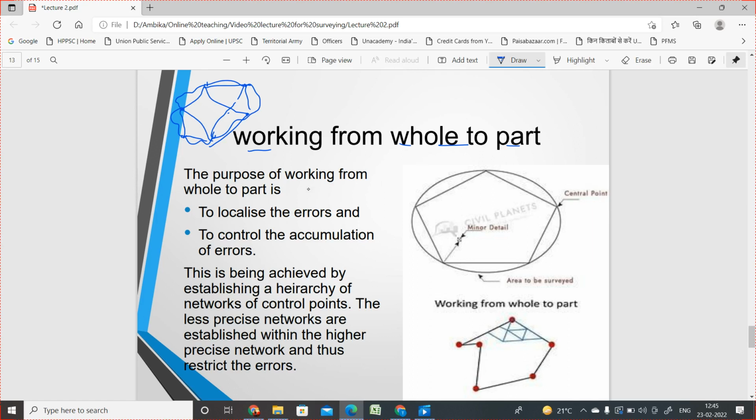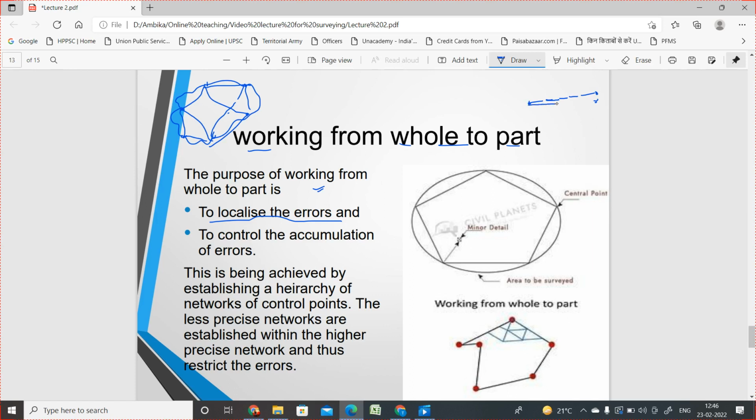Now, what is the purpose of working from whole to part? The purpose is to localize the error. If we work from one point to the second point, then we are working from part to whole. Suppose this is point B. When we reach point B, there is a probability that at each point there is an accumulation of error. So we will not reach the exact point, but only an approximate point.